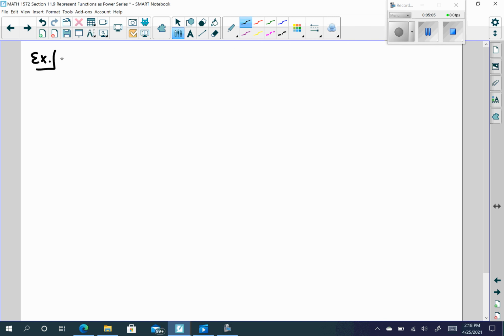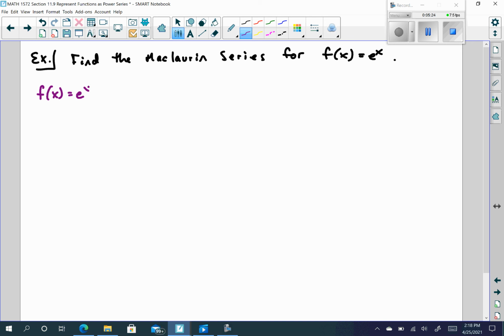All right, so for our first example, let's find the Maclaurin series for this function f of x, which is equal to e to the x. So what we first focus on is our function, f of x is equal to e to the x. And then we start taking a series of derivatives.